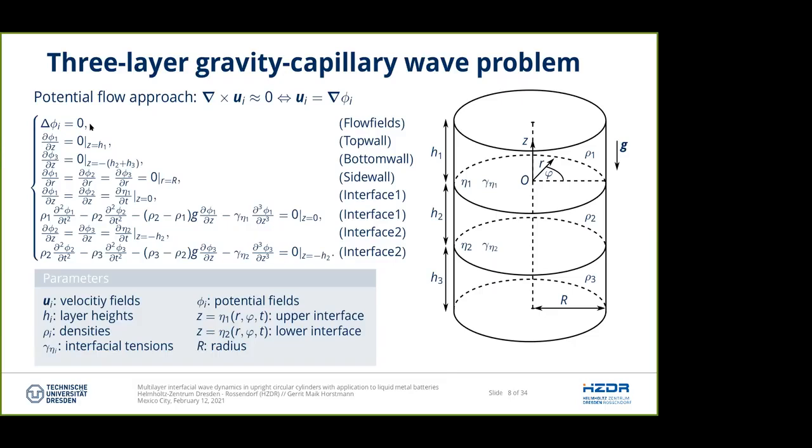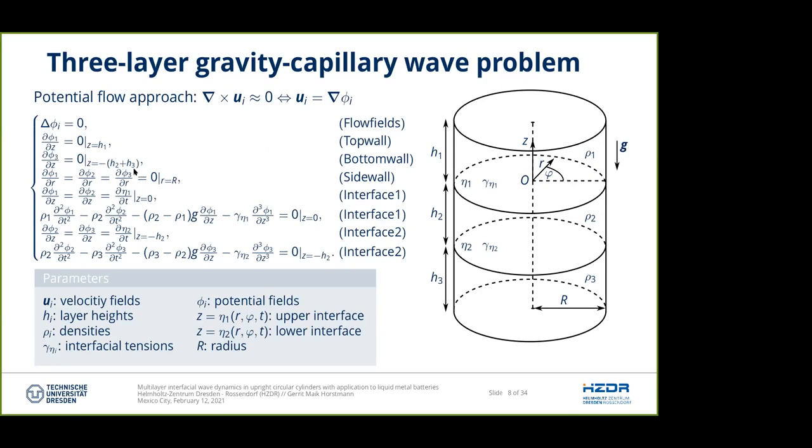So mass conservation, momentum conservation, with proper dynamic and kinematic boundary conditions, which are essentially determined by Bernoulli equations to account for this problem. So I have several no outflow conditions at the side walls, at the top walls, and I have some conditions which ensure that both interfaces are preserved and all this stuff.